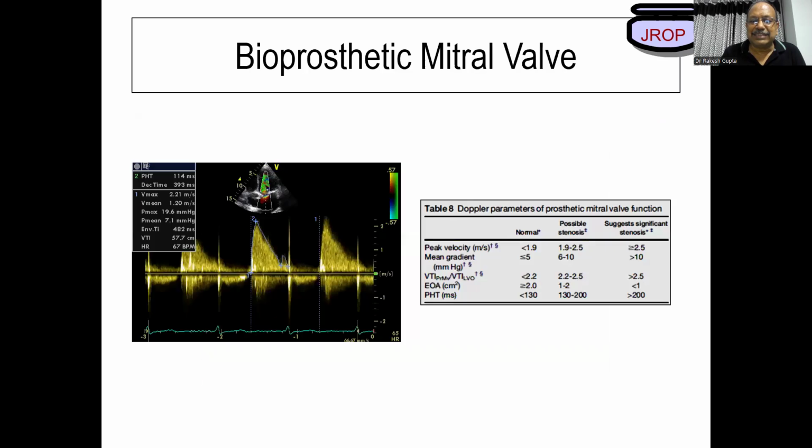We said the gradients are high, but when we started looking at pressure half time and the velocity time integral of prosthetic valve versus LVOT, we found it to be normal. This is not a small matter, when we say what is to be considered normal or abnormal. If I tell somebody they're carrying an abnormal valve, and they are not, it makes a lot of difference.